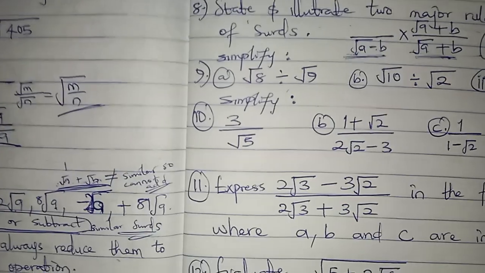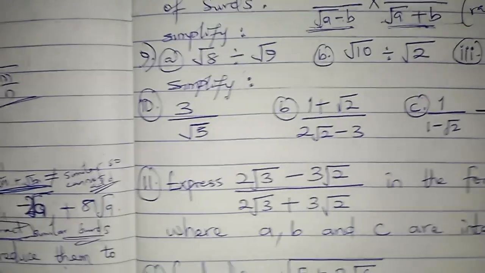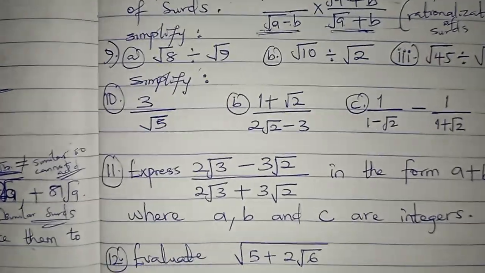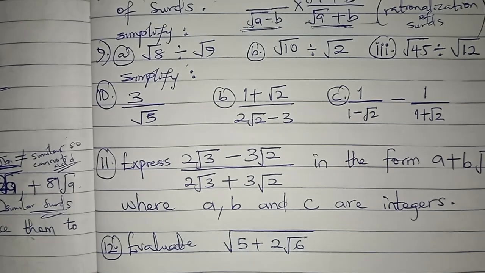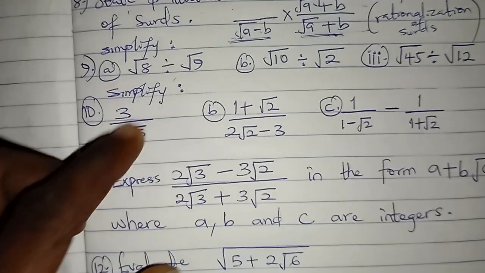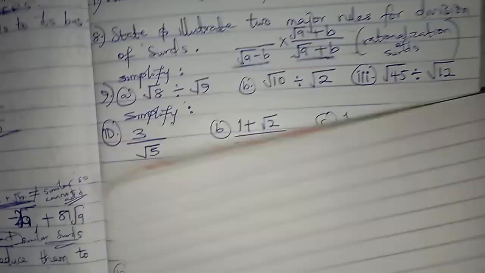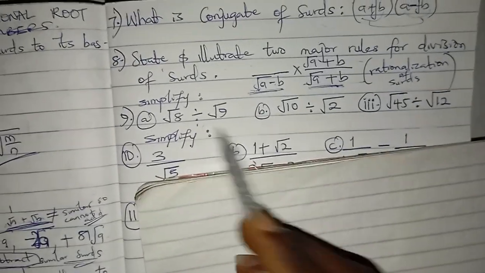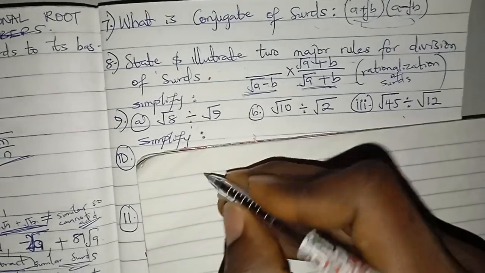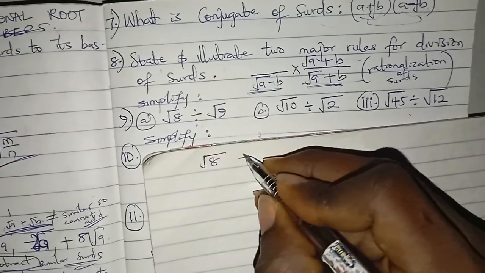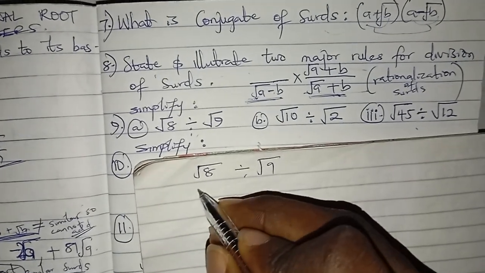So let's move to the question right here. They said simplify root 8 divided by root 9. So root 8 divided by root 9 is the same thing as saying, what are the values inside here?